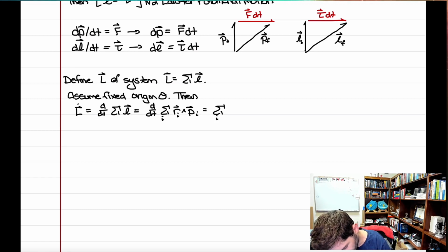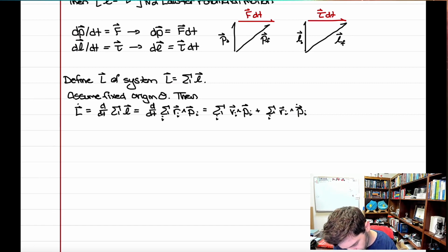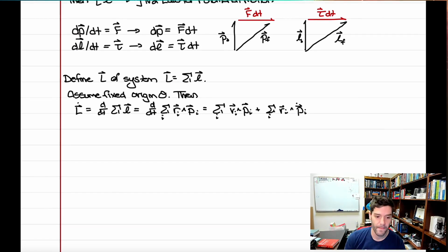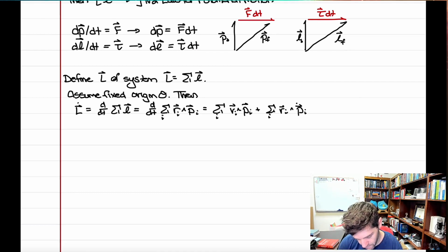So this is going to become V cross P sub I plus the sum of R cross the time derivative of momentum. That first term, V is parallel to momentum, and so the cross product vanishes. So that entire thing is 0.